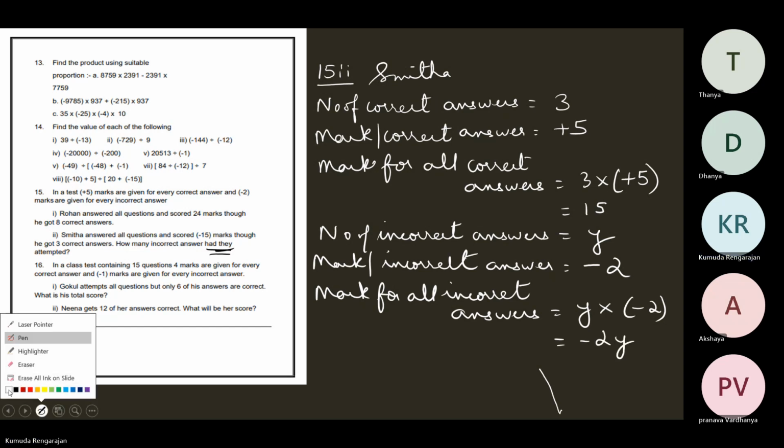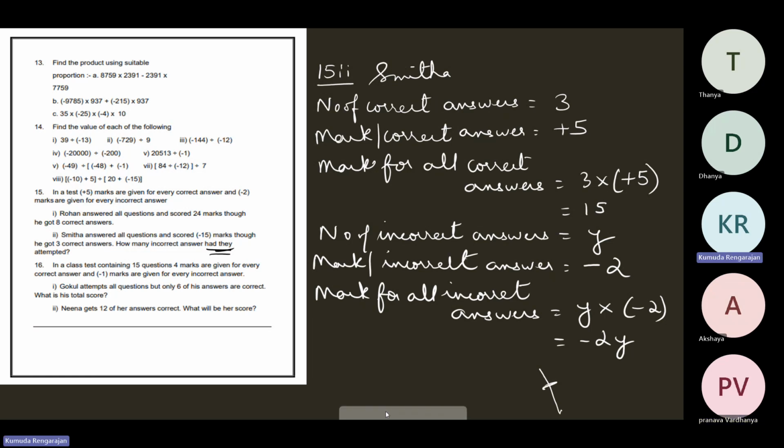Correct? Yes, ma'am. Okay. Now put both of these together. What is her total score? Smita answered all questions and scored minus 15 marks. So that's her total score. So Smita's total mark is equal to minus 15.